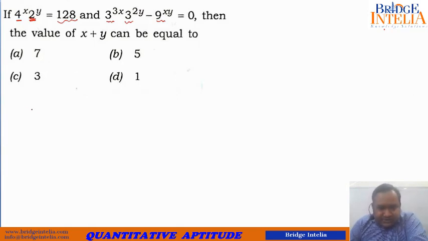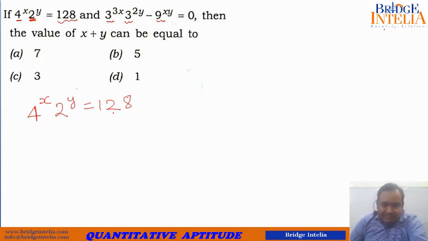First things first, it is given to us that 4 raised to power x, 2 raised to power y is equal to 128. As I already noticed, all these three numbers are powers of 2. They have been given to us so that we can realize this and change them to powers of 2. So this comes out to be 2 raised to power 2x, this becomes 2 raised to power y, and this is equal to 2 raised to power 7.